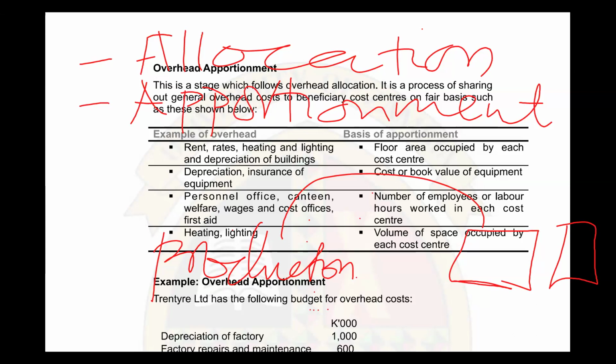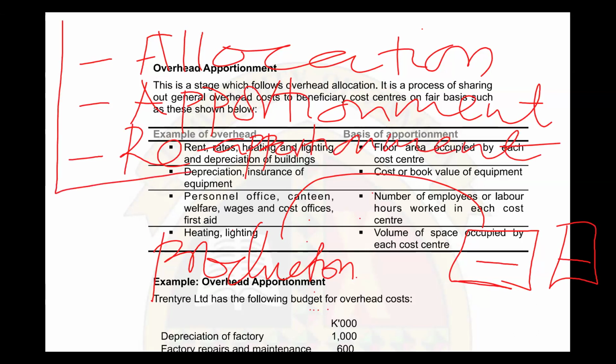So the process of getting these costs that you had allocated to the service departments into the production departments is what is called cost reapportionment. That is actually the last process that you do. Maybe you may not understand what I'm trying to say when I say service department.